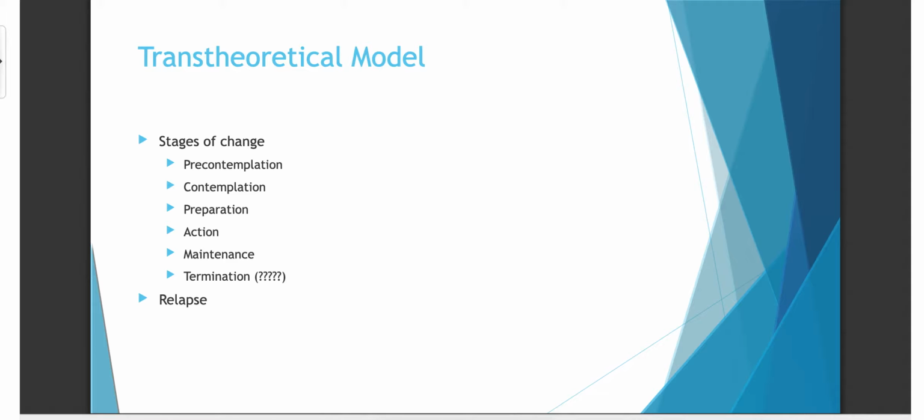From that point, once preparation is done, or maybe even while it's still going on, someone may enter the action stage of change. This is where we start changing that behavior, where we're actually doing what we said we'd do. We're stopping smoking, we're exercising, we're eating better.